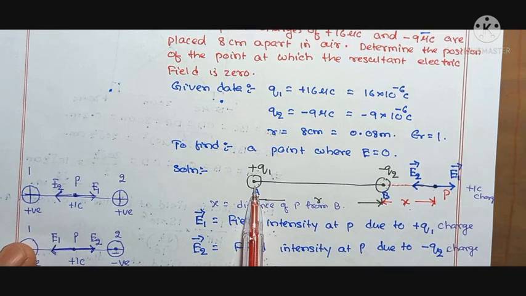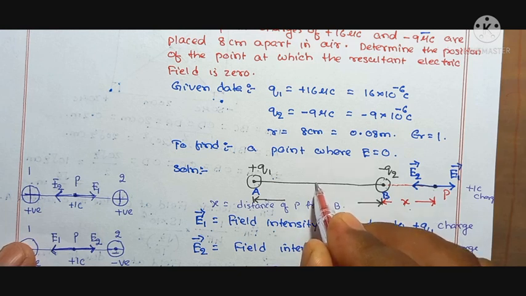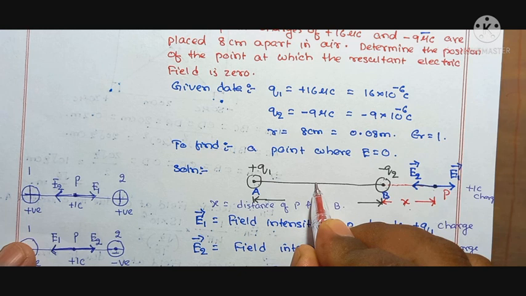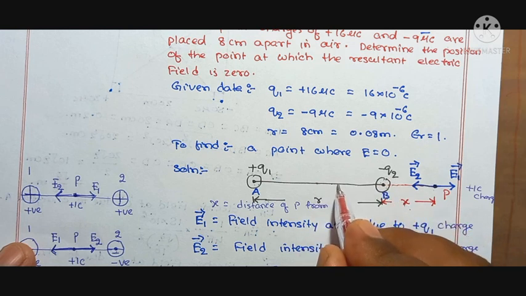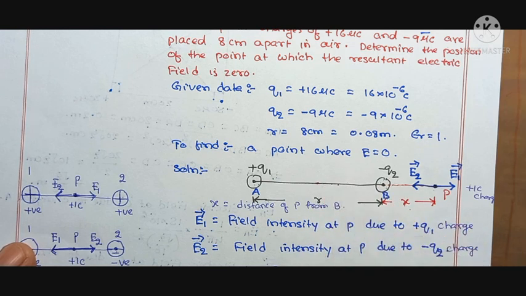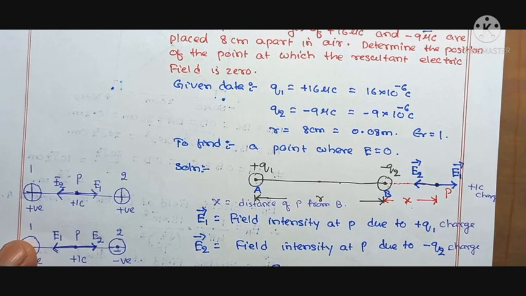Now, this is the positive charge, this is the negative charge, and the net electric field intensity is 0. In between the charges it is not possible, because suppose we consider here, then a plus 1 coulomb charge would move this way due to the positive charge, and due to the negative charge Q2 it would also move this way. So the net field will be in the same direction. Then it is not possible to get a neutral electric field.